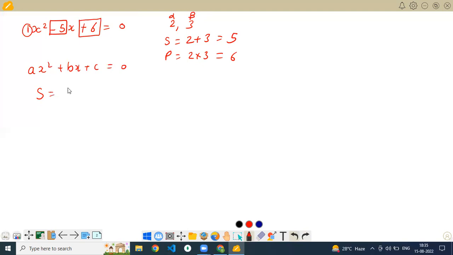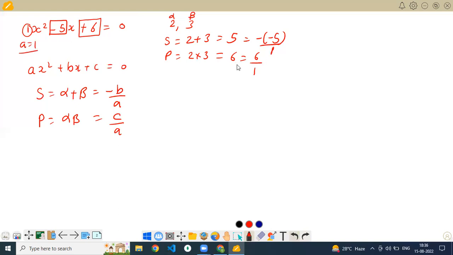Then the sum of the roots is alpha plus beta, which is minus b by a. You see here 2 plus 3 is equal to 5, which is minus of minus 5 upon 1. So the sum of the roots is minus b by a. And the product of the roots, alpha beta, is c by a, which is 6. In this case, this a is 1.